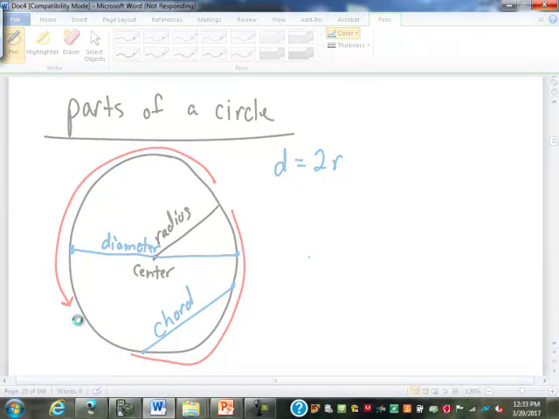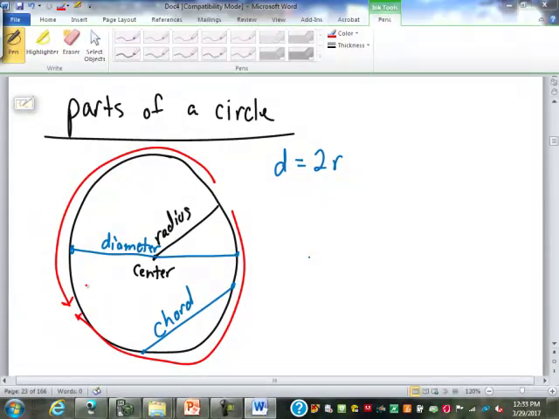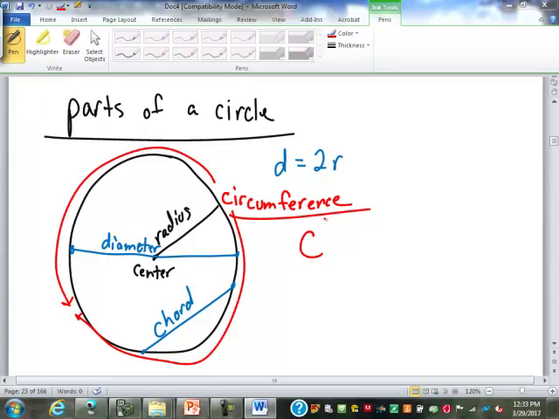The distance around a circle is called its circumference. The circumference is found using that mythical pi times diameter, or 2 times pi times radius.